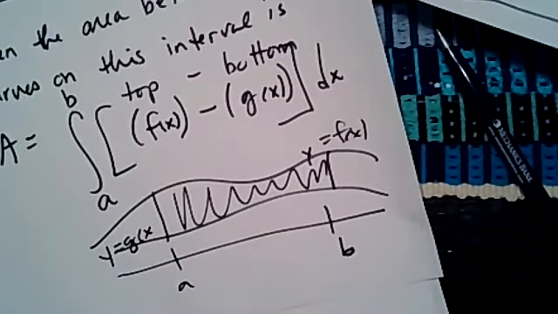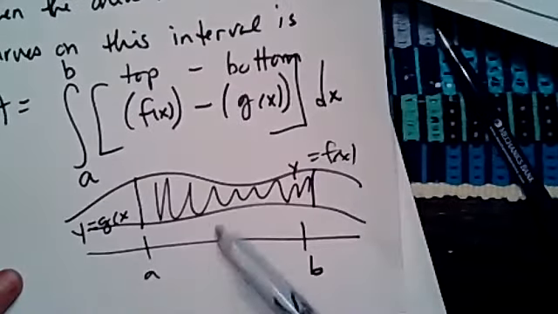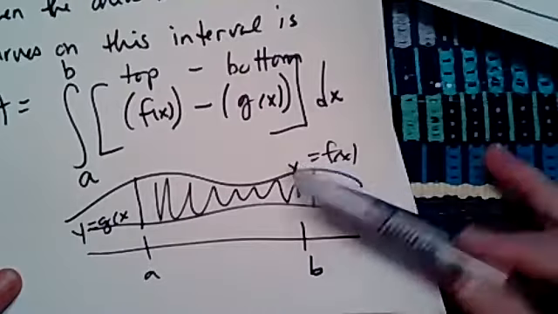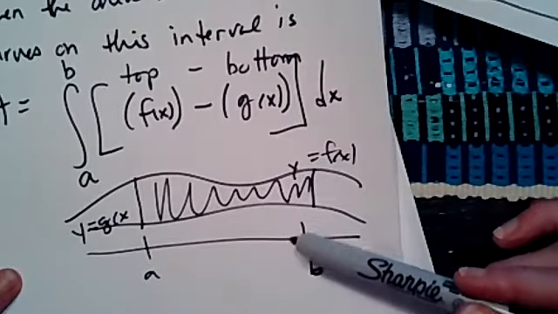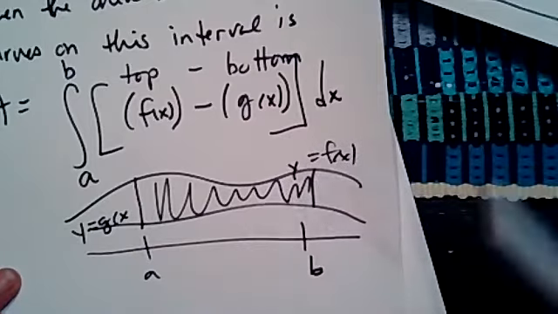So that's the area between two curves. The only difference between this section and the last section is that in the last section we found the area from the function to the x-axis. This time we're trying to find the area between the two curves. Let's look at an example of that and see what that looks like.